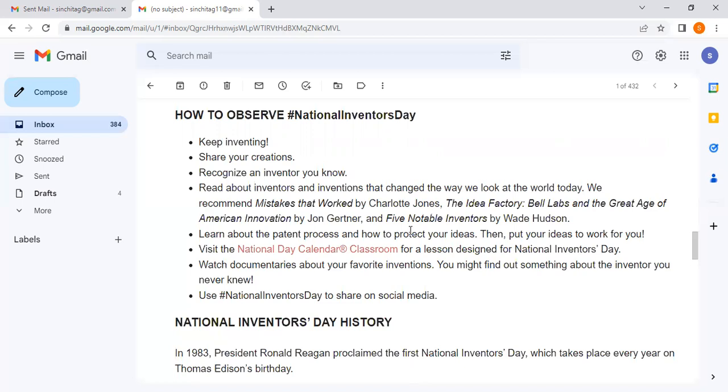Read about inventors and inventions that change the way we look at the world. Today we recommend Mistakes That Work by Charlotte Jones, The Idea Factory: Bell Labs and the Great Age of American Invention by Jon Gertner, and Five Notable Inventors by Wade Hudson. Learn about the process and how to protect your ideas. Then put your ideas to work for you.